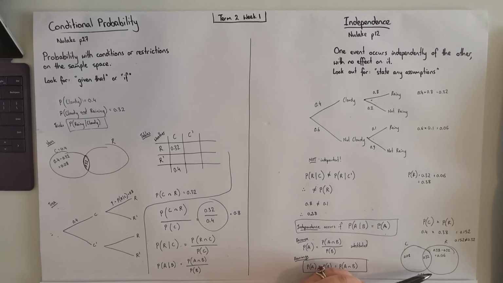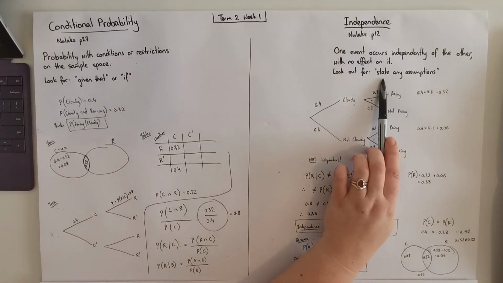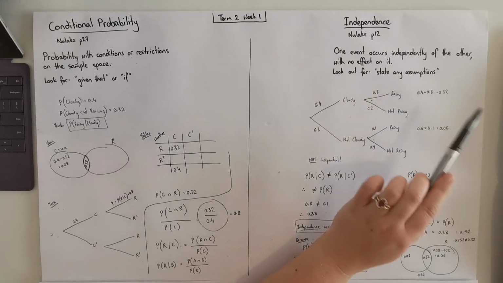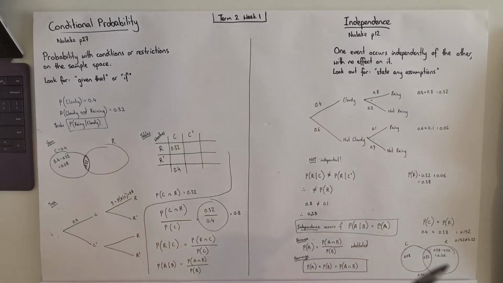The only thing you're able to do is multiply, but that is assuming that independence is occurring, which in this situation it's clearly not. It wouldn't make any sense in the context. But any time at all they have told you to state what assumptions you have made, I can almost guarantee that it is independence that you have assumed.